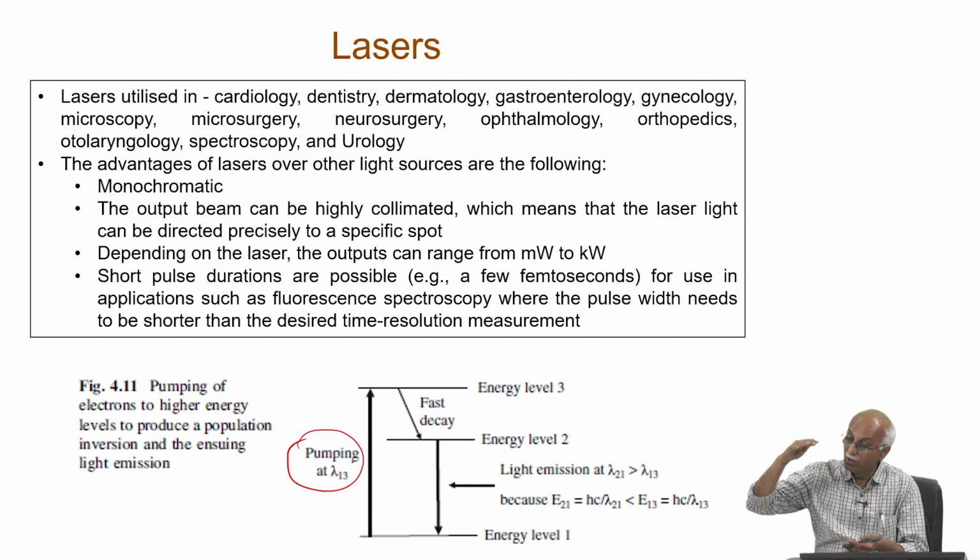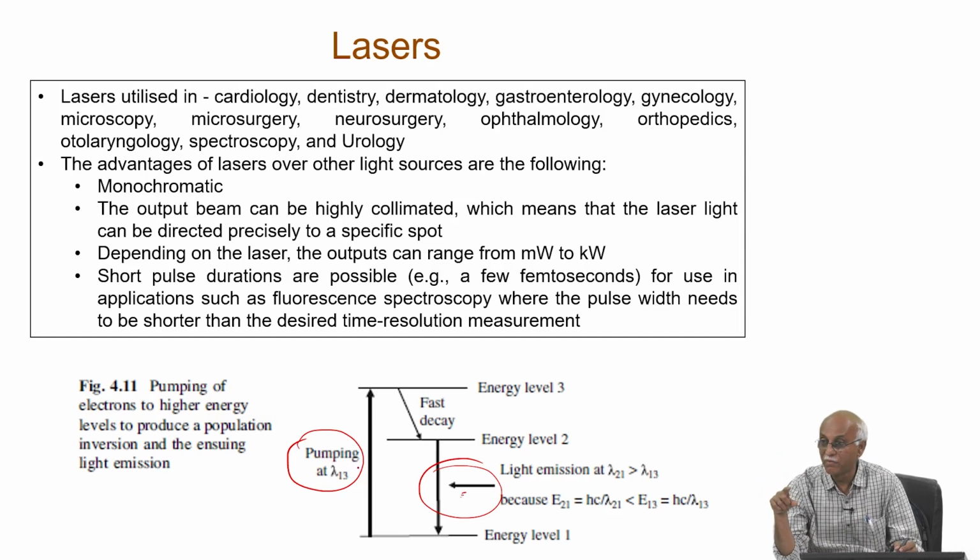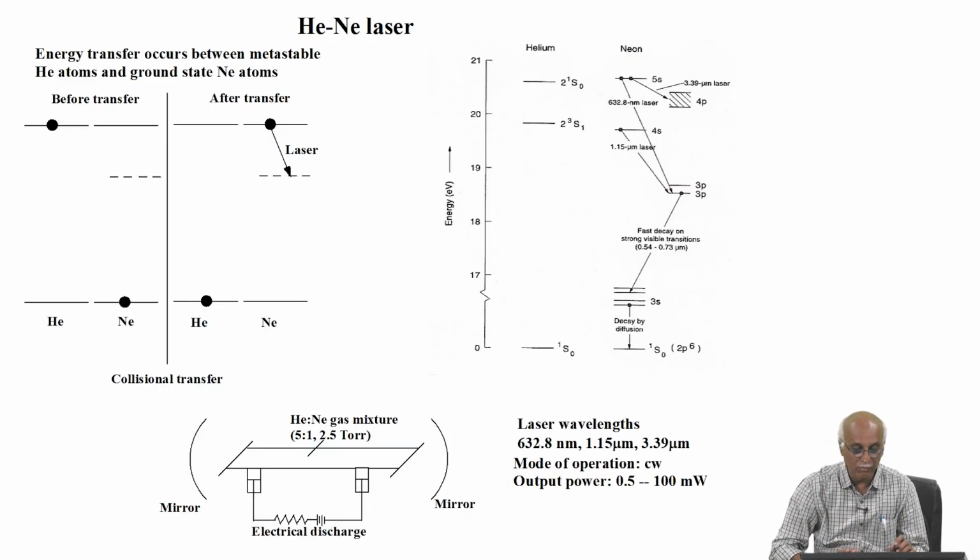Pump energy is provided, and then there is a decay, and then the output wavelength has a frequency lesser than the input frequency. If it were more, energy conservation would not hold; basically it should be less. That is why E13 will be very large as compared to E21, the energy gap, and so the photon frequency.